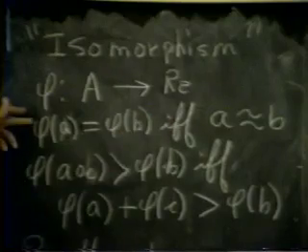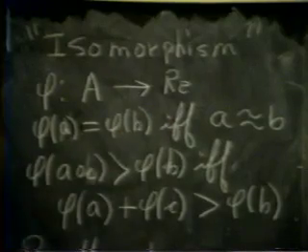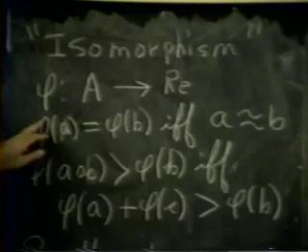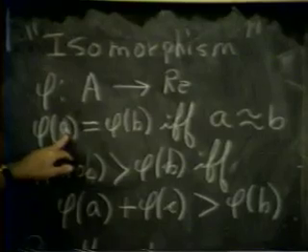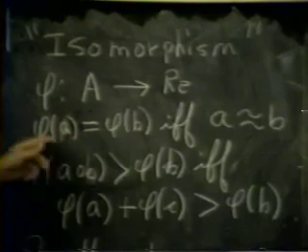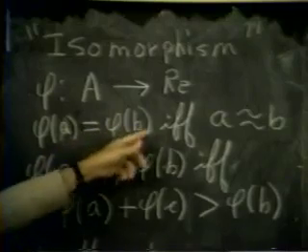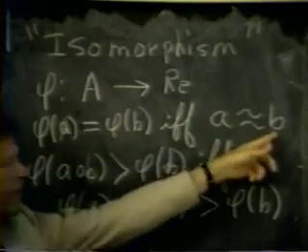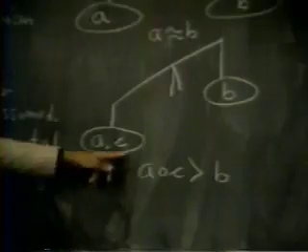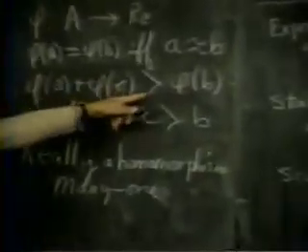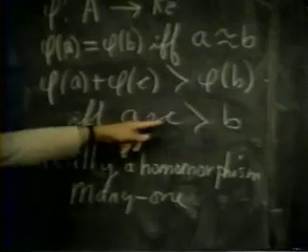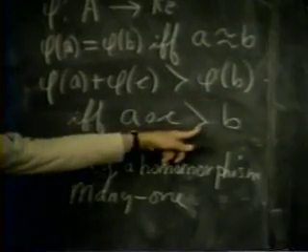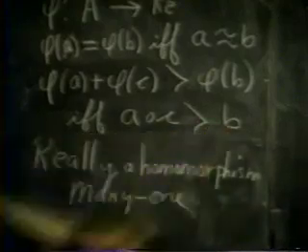And in terms of the two relations I've written here, we want phi to have the property that phi of A, that is the number assigned to A, interpretation, the mass of A, phi of A is equal to phi of B if and only if A is equivalent in mass to B. Secondly, in terms of this relation, phi of A plus phi of C is greater than phi of B if and only if A combined with C is, in terms of the qualitative observation on the balance, greater than B.